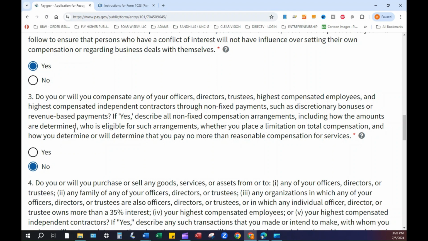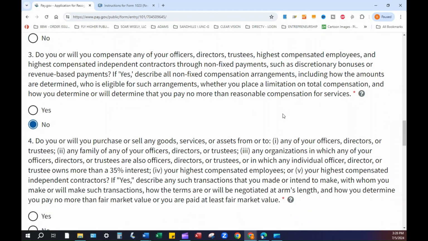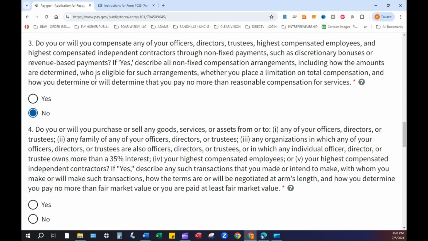You will need a salary, definitely, to be able to pay your bills so that you can put your all into the nonprofit. I just don't believe that you should get a discretionary bonus to do so. I always have my clients select no, and I urge you to do the same. And if not, be absolutely sure to answer this question. If yes, be sure to do that.